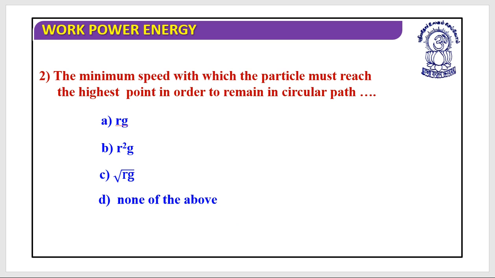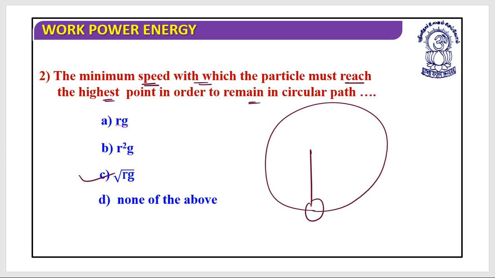Great. It says that the minimum speed with which the particle must reach the highest point in order to remain in the circular path, yes, would be root of rg. We have derived this. At the lowest position its speed should be root of phi rg.